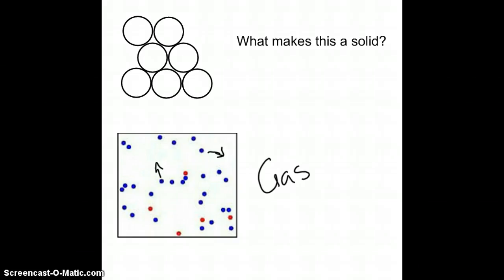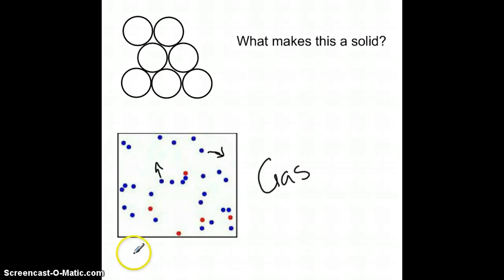But if they're moving independently from each other, that means whatever's holding them together isn't very sticky. That's what we call intermolecular forces: the stickiness, the thing that holds the molecules together. If it's strong, that gives a certain property. If that force is weak, it gives a different property. So solids have strong intermolecular forces, and gases don't.